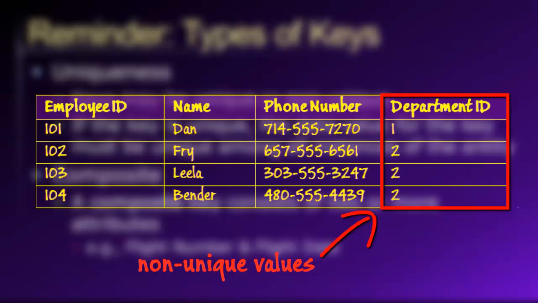And what that tells us is that the employees which share the same department ID all belong to or work in or are affiliated with the same department. In that case, the key would be non-unique because more than one instance of the employee class can have the same department ID.